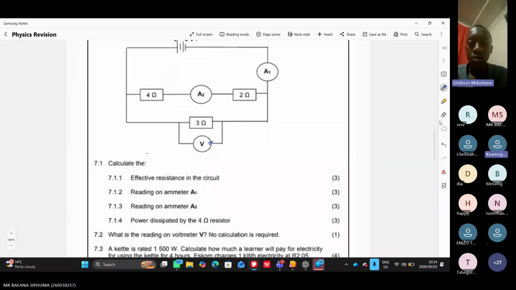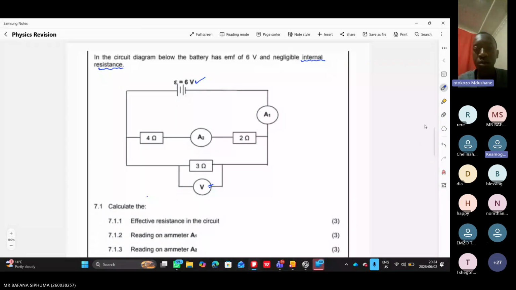Voltage in parallel is the same, I guess. Yes, if we have the one above, then we know the one below. I just don't know the one above. Okay, I get you. Amahle will assist you. Don't worry.